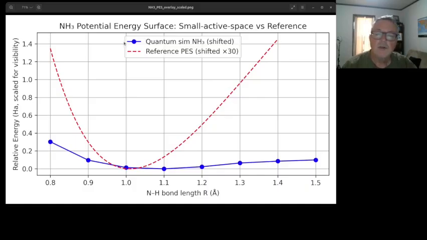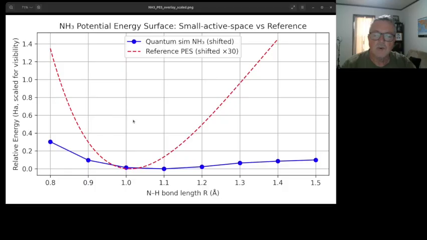If we had used a really good setup here, then this would be exactly matching this dashed red line. But with the kind of basis that we used, this is the way that it actually came out.